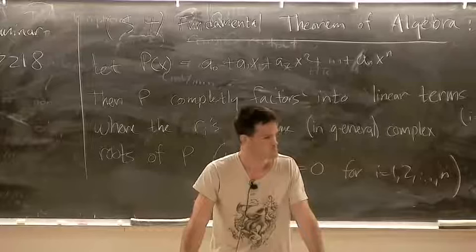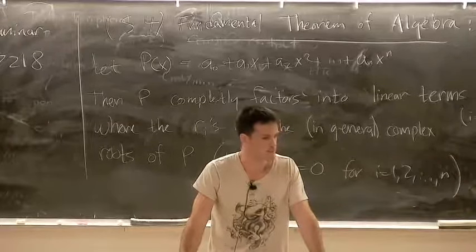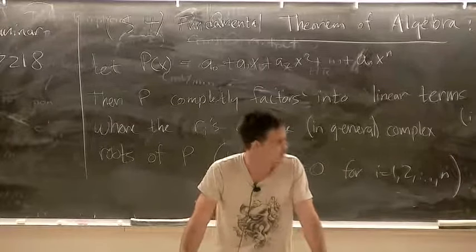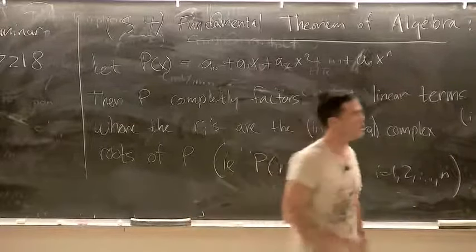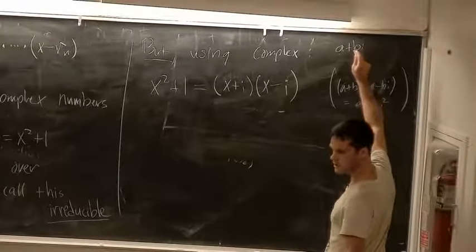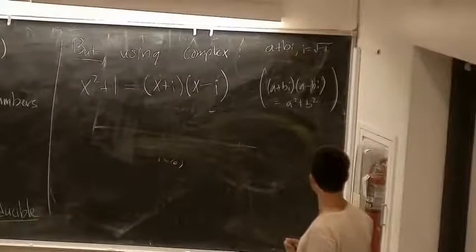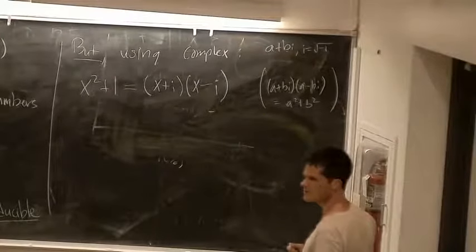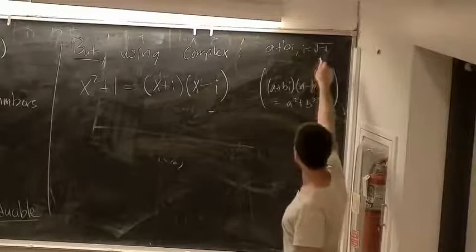Real quick question. It's a complex number. What's a complex number? A complex number is something of the form a plus bi, where a and b are real numbers, right? Just numbers. i is the square root of negative 1. It's the square root of negative 1.